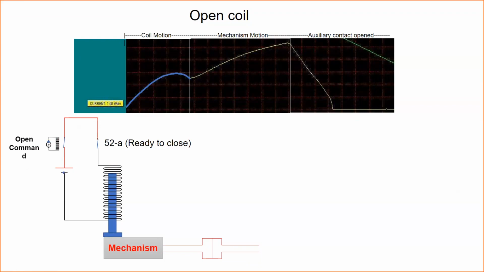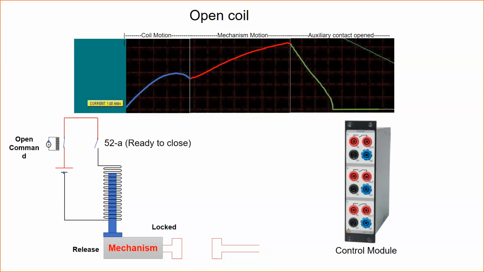Once it hits stop, the current will reach a certain value and then will continue to release the mechanism, and the current will start moving to the maximum value it can reach. Once the breaker is fully open, the auxiliary contact will open and the coil current will drop to zero.